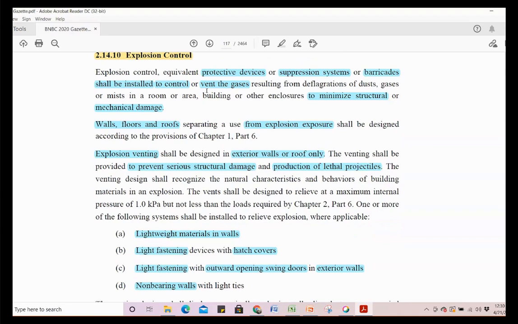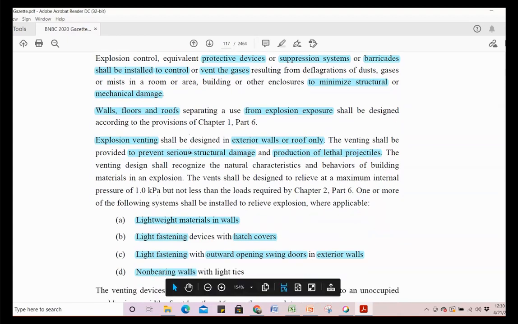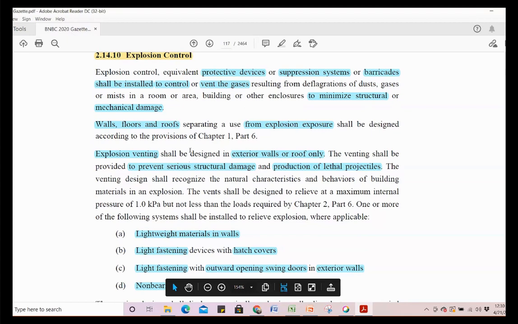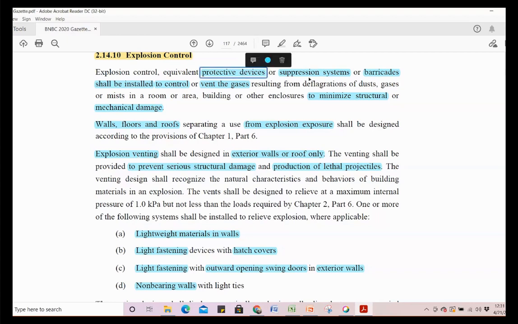And for explosion control, there are few provisions. So we are not going to the detail right now, but there are a few ideas that can be introduced here. One is about protective devices or suppression system or barricades.